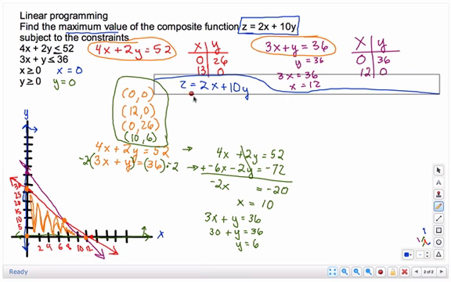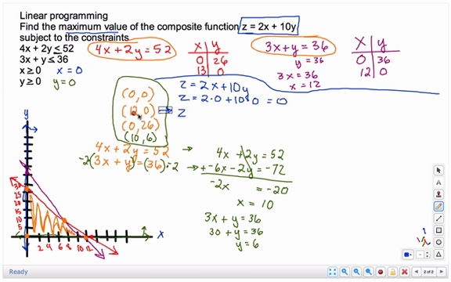So if we replace x with 0, we get z equals 2 times 0 plus 10 times 0, and that's just simply 0. Okay. And if we replace the x with 12 and the y with 0, we're going to get 2 times 12 plus 10 times 0. It's going to give us 24.